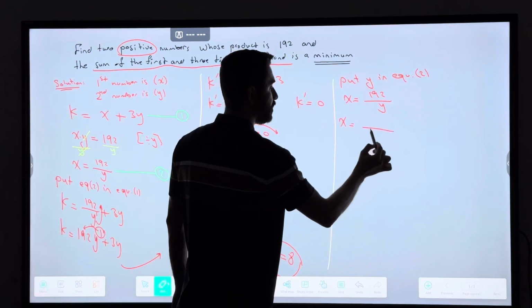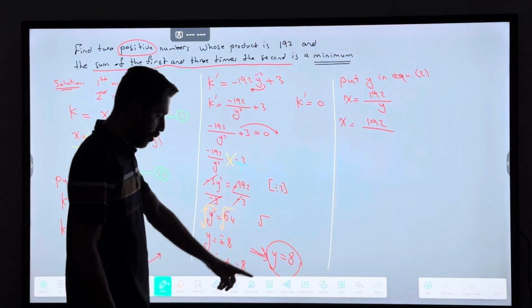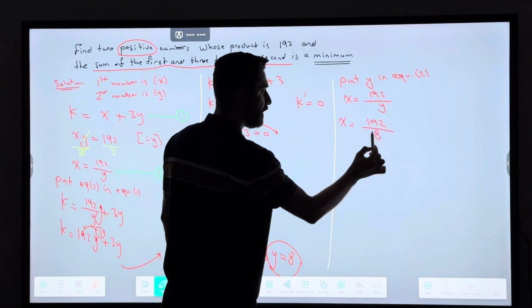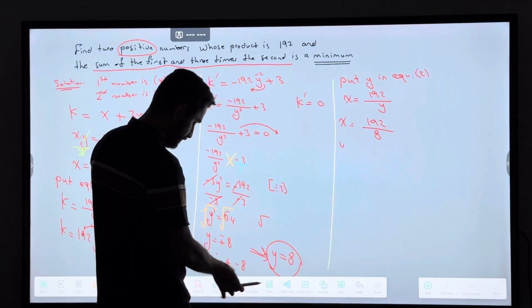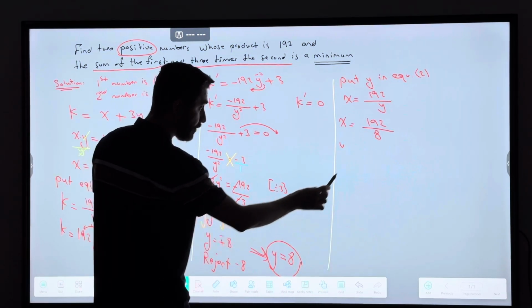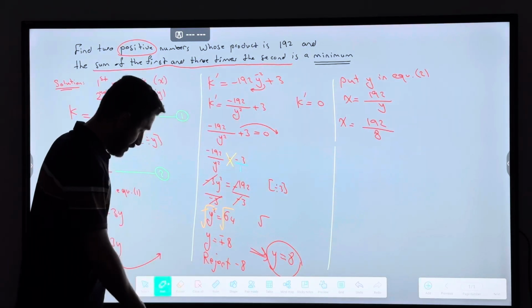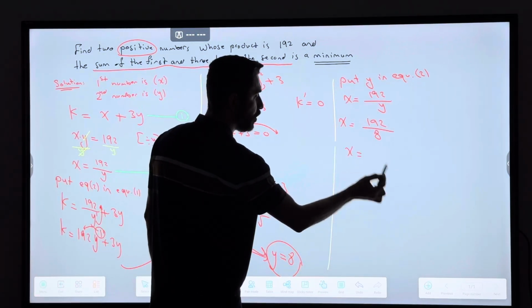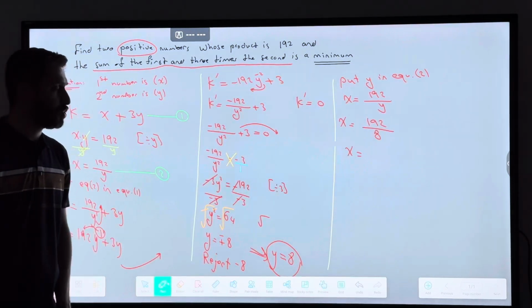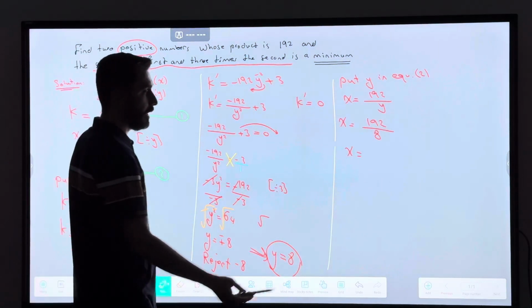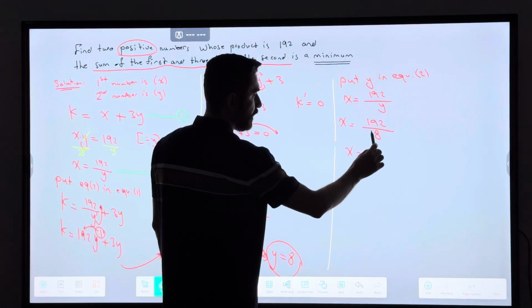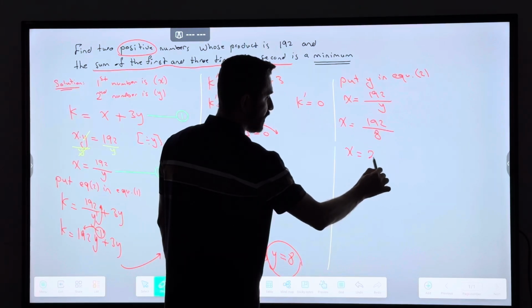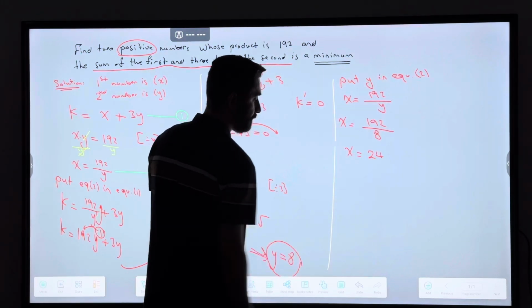So x equals 192 divided by 8, which is 24.